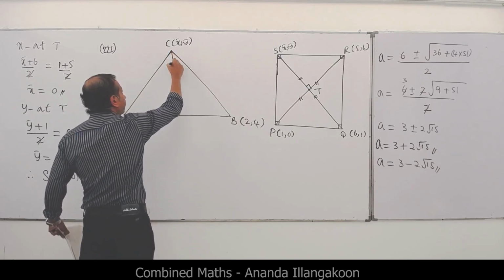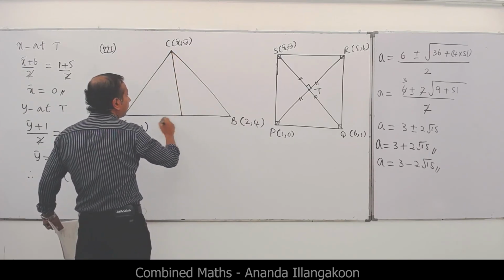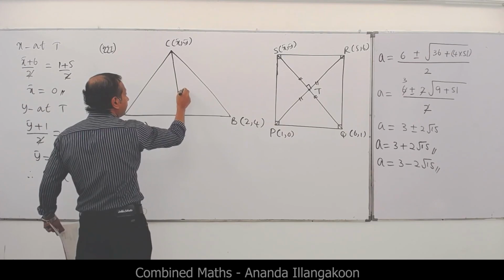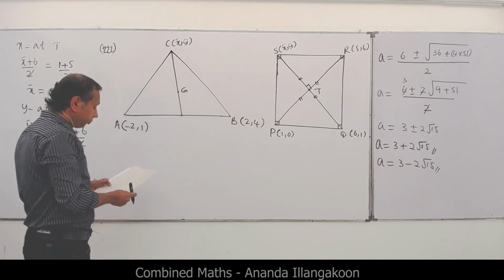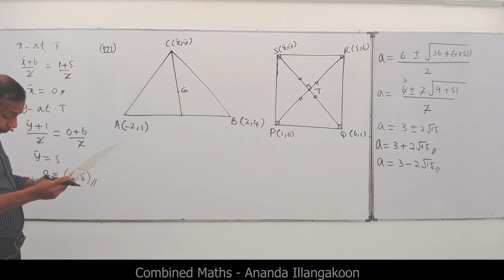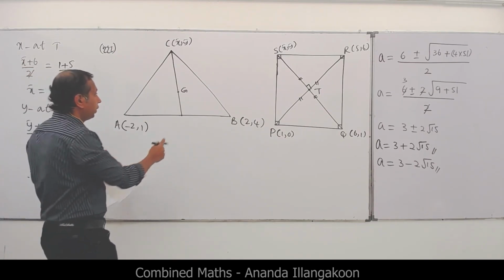Suppose this is G, the centroid. We are given that the coordinates of the centroid of the triangle ABC is (1, 2).